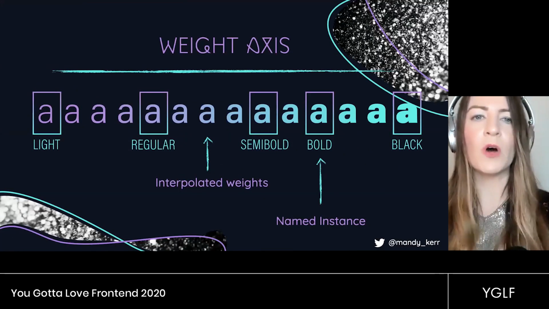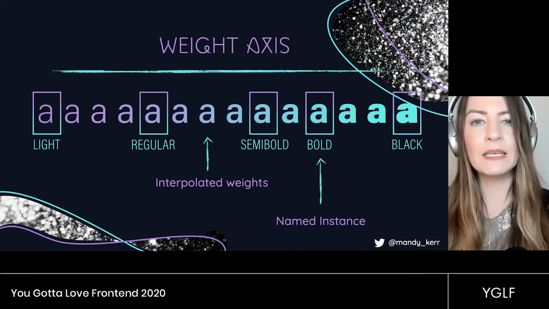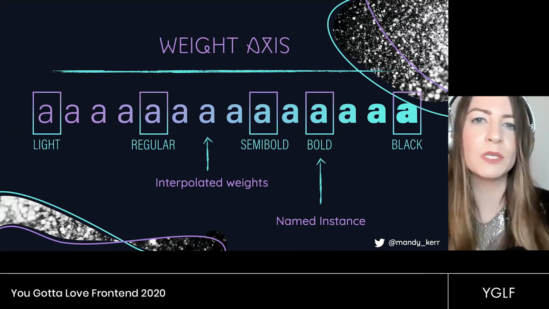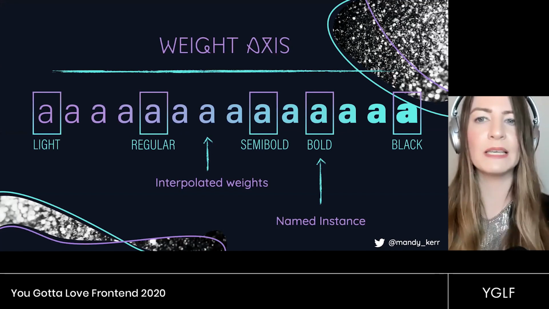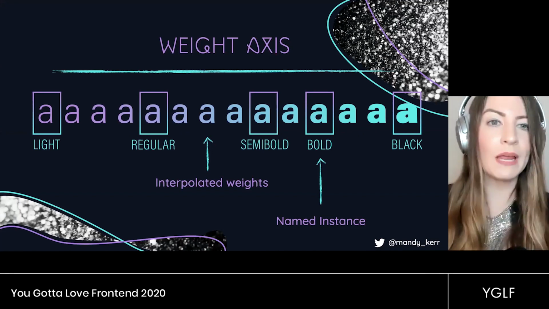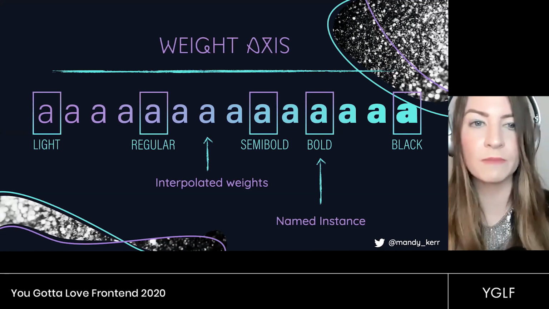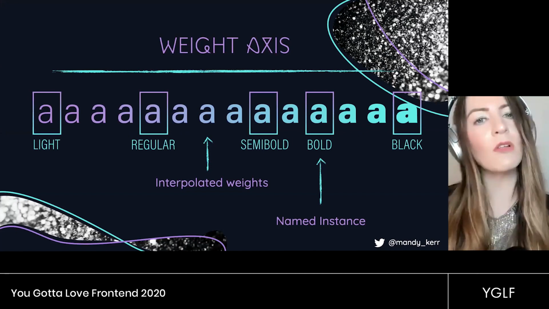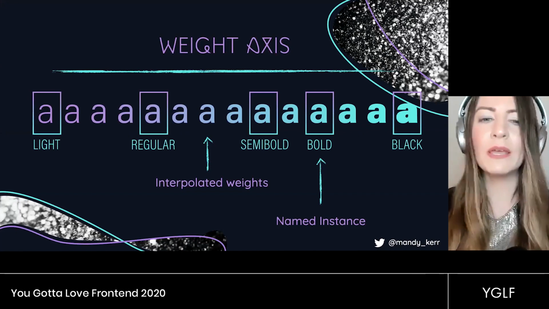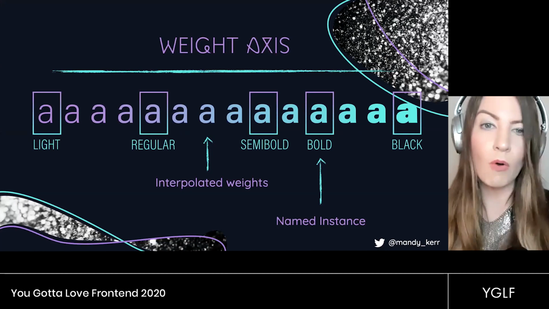A variable font contains one or more axes that provide different variations between different extremes. For example, a light font weight to a really heavy black font weight. So it might be like 100 to 900 if you're used to the number values. Now you can still have all of the styles that you're used to, like regular and bold or semi-bold.